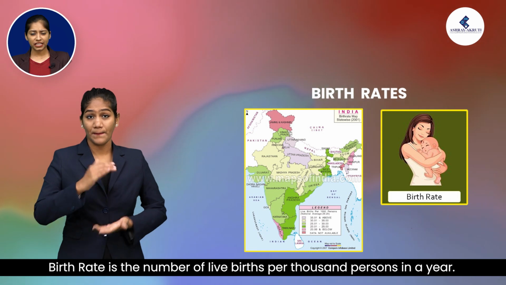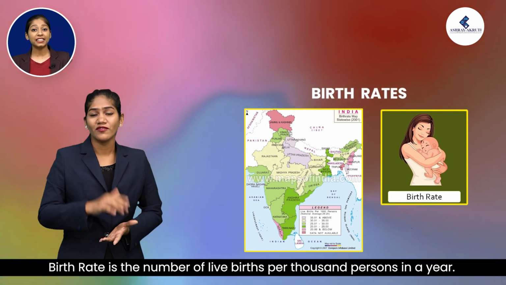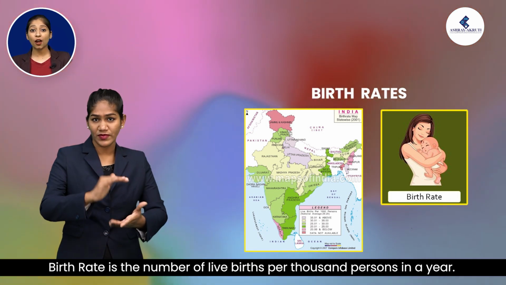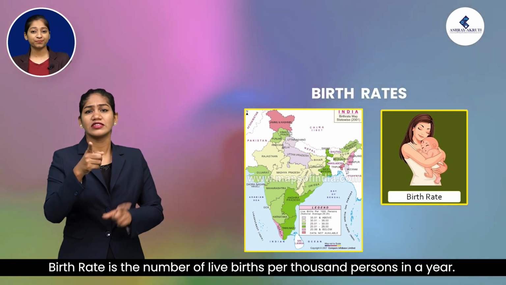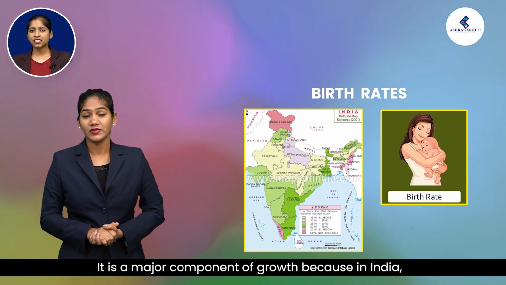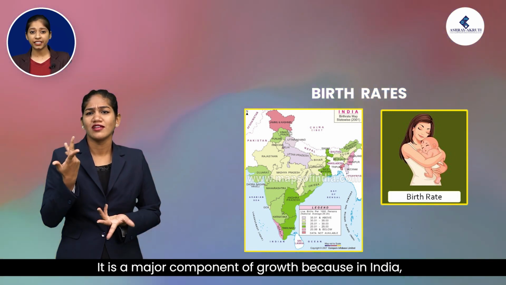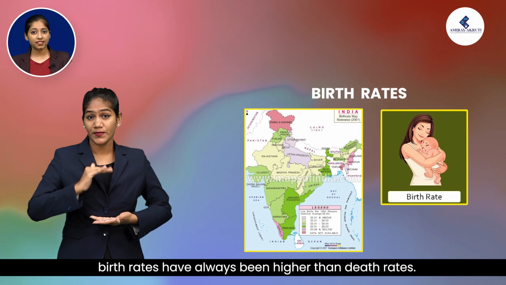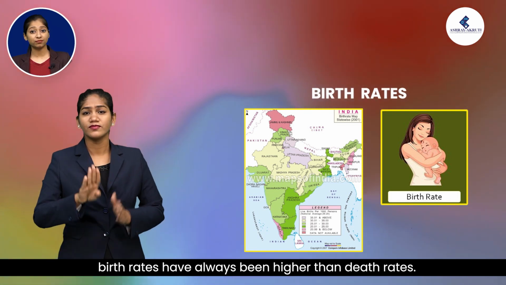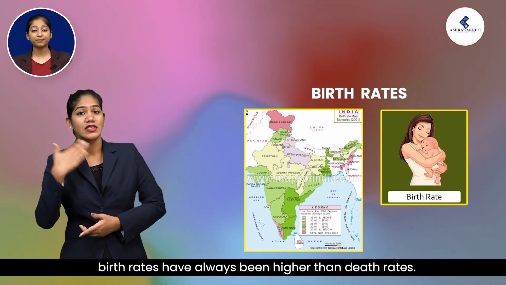Birth rate is the number of live births per thousand persons in a year. It is a major component of growth because in India, birth rates have always been higher than death rates.